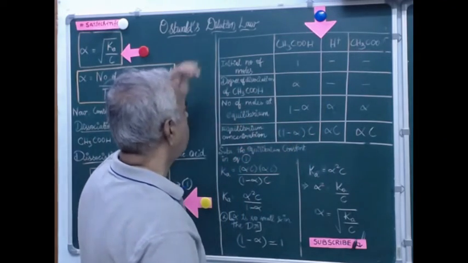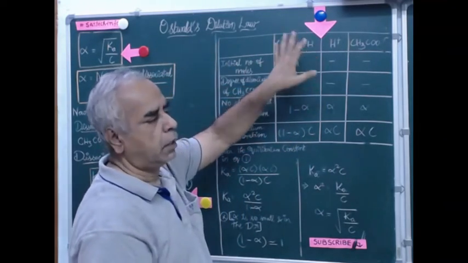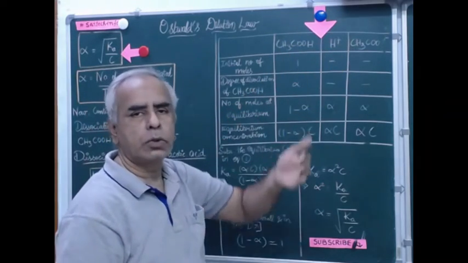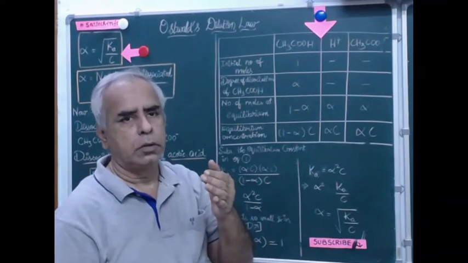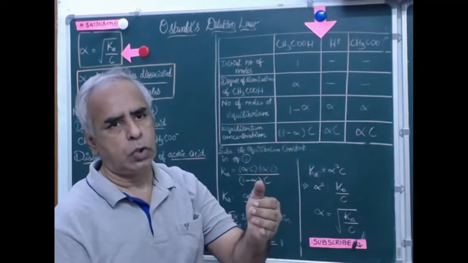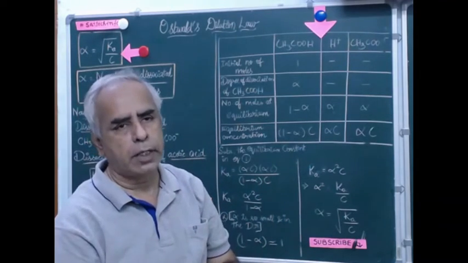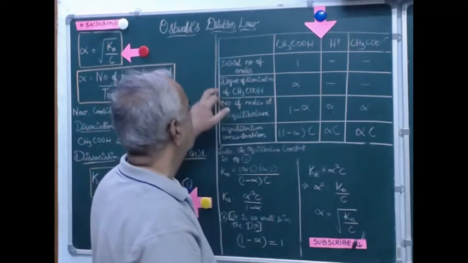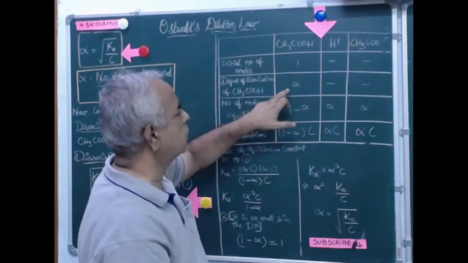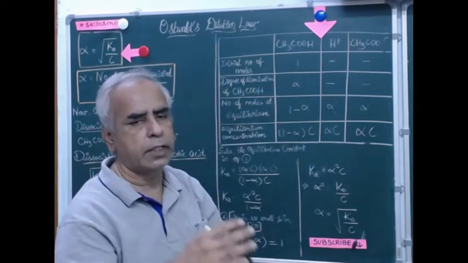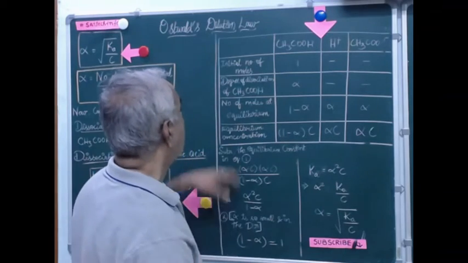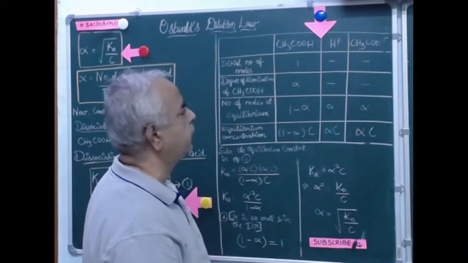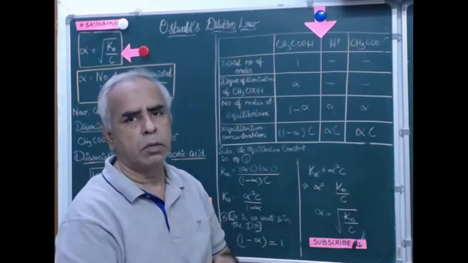And as I already suggested, being a weak acid, it undergoes very weak dissociation. So an alpha amount has been dissociated. Let us put the degree of dissociation of CH3COOH as alpha. So an alpha amount of reactant has been dissociated. And the number of moles at equilibrium means the remaining number of moles, is it not?